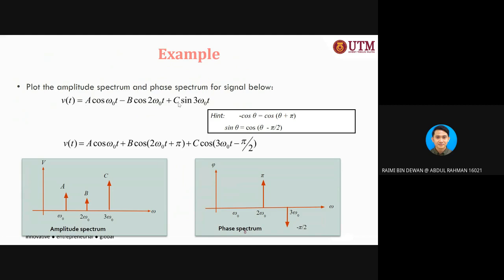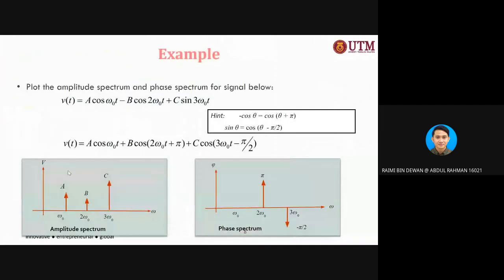Here it seems that sin is the minority, so you can convert it to cos by following this hint. Negative cos theta is equal to cos of theta plus pi, and sine theta is actually cos of theta minus pi over 2, with a 90-degree phase shift, okay. So you can see here, for C sin 3 omega naught t, we introduce negative pi over 2, the phase difference.